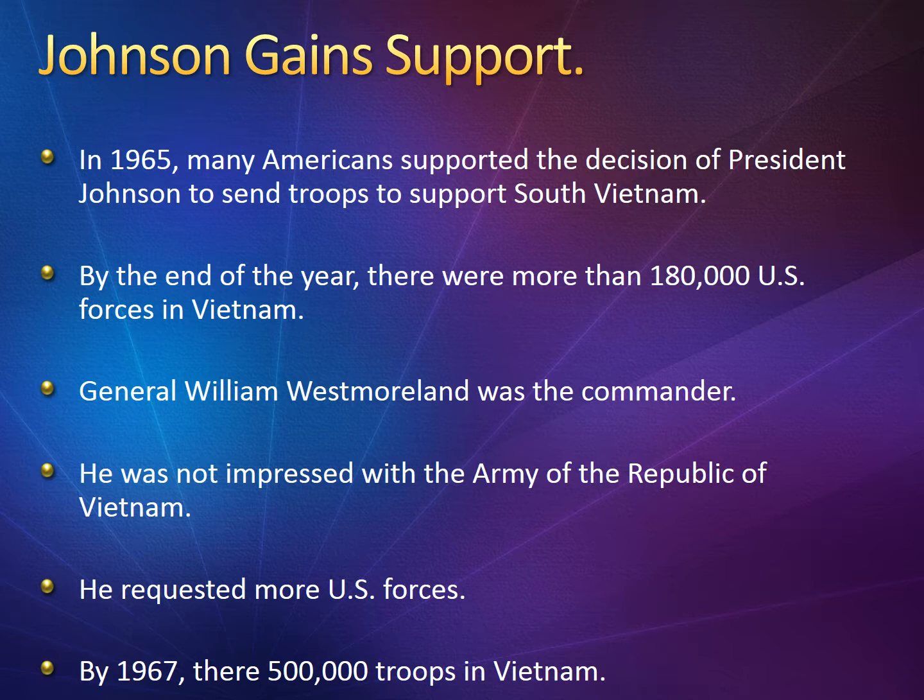So he requests more U.S. forces to help build up some support for the fight against North Vietnam and the Viet Cong. And by 1967, there will be 500,000 troops in Vietnam. So about 2 years later, you can see how much that number increased.